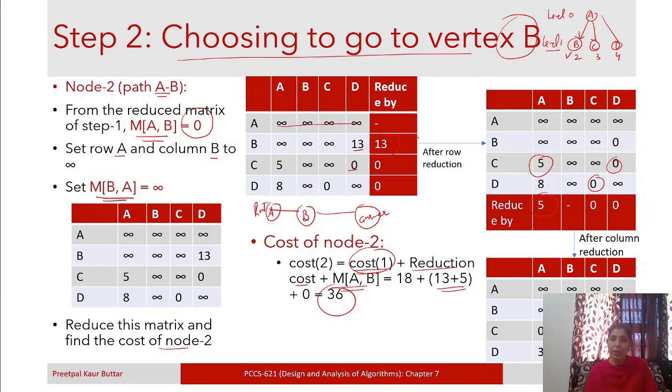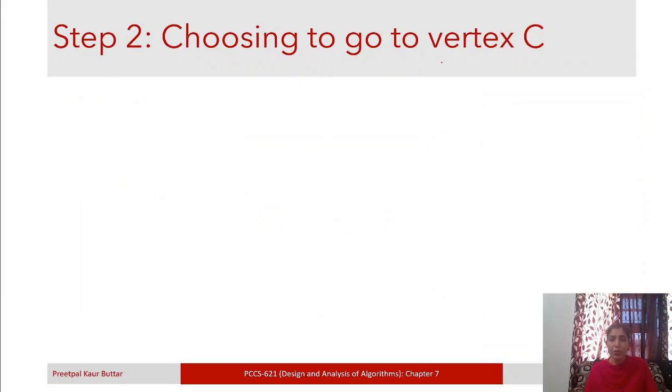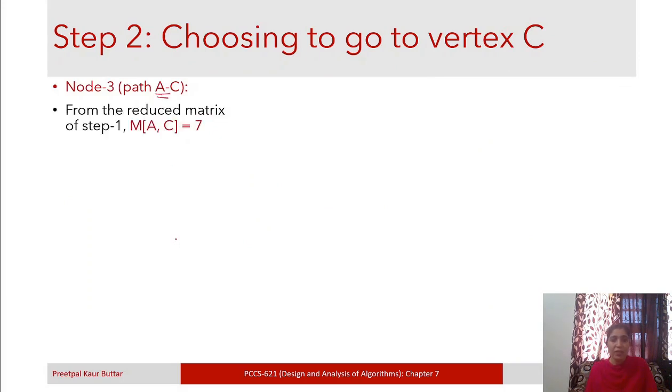We have computed it. Now let us go to option 2, choosing to go to vertex C. In that case, the path will be A to C, and from the reduced matrix of step 1, we can note the value of A comma C, that is the cost of going from A to C, which is 7, right?